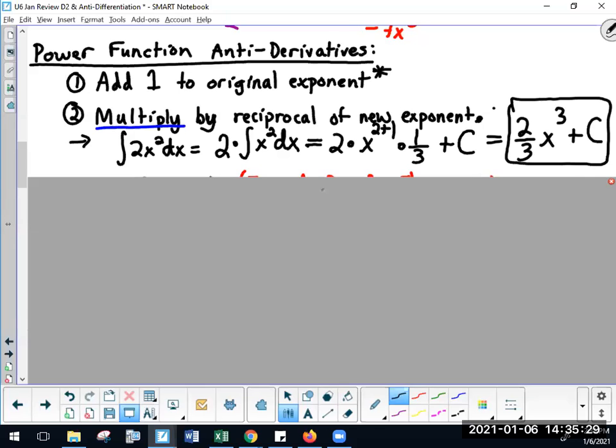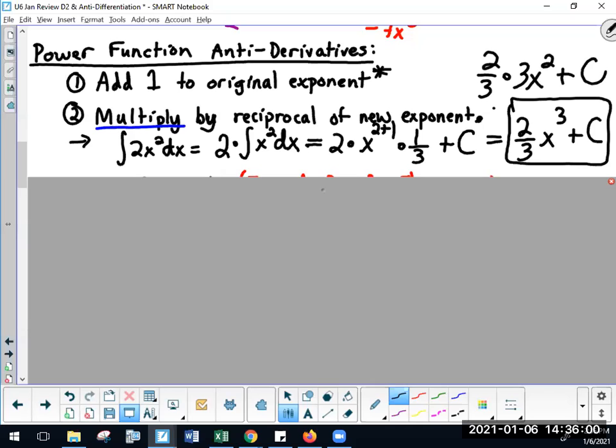Here is one of the beautiful things about antiderivatives right here. You can always check your work for your antiderivative. You pretend this is not an antiderivative. You just pretend this is a function you wish to take the derivative of. So how would you take the derivative of 2/3 x cubed? You'd say 2/3 times the derivative of x cubed, which is 3x squared, plus the derivative of c.